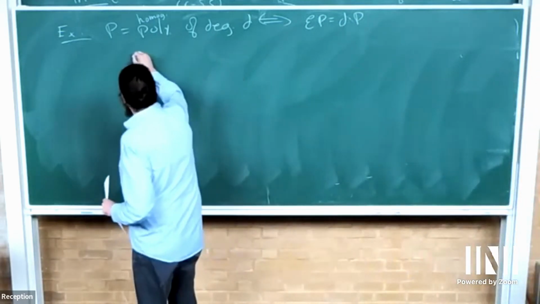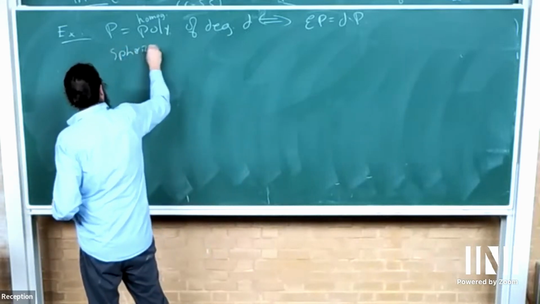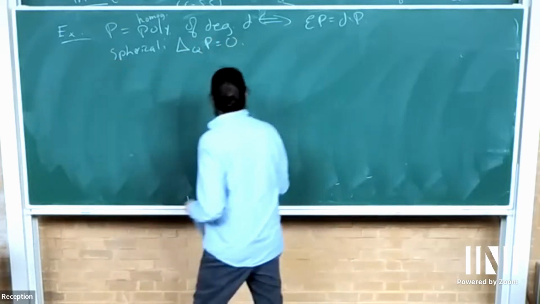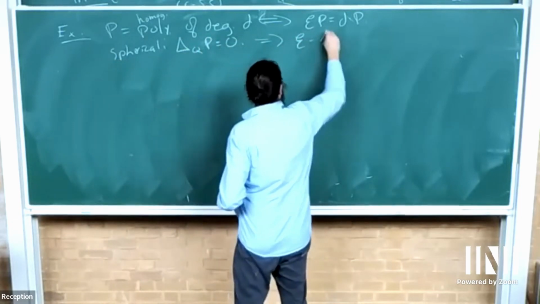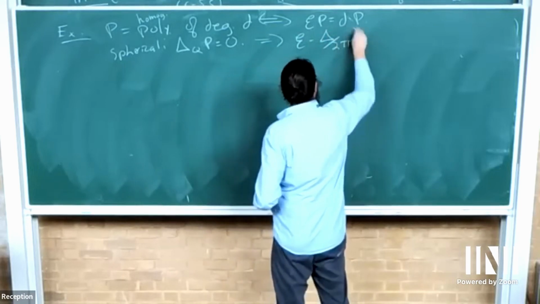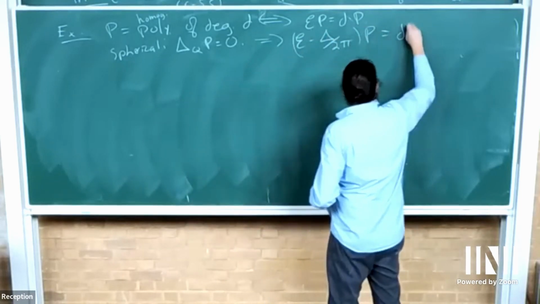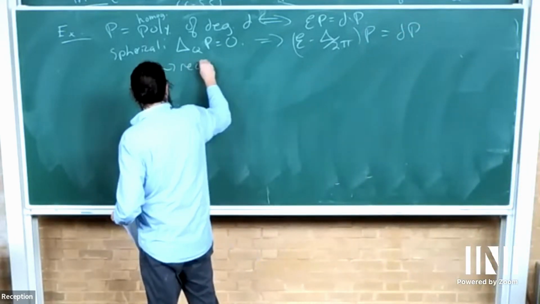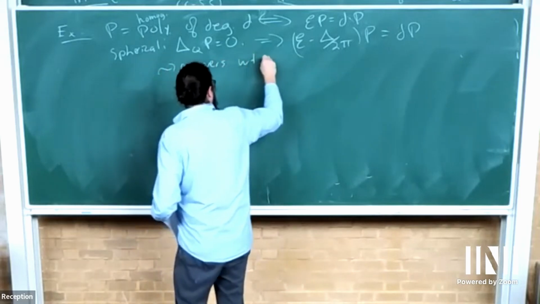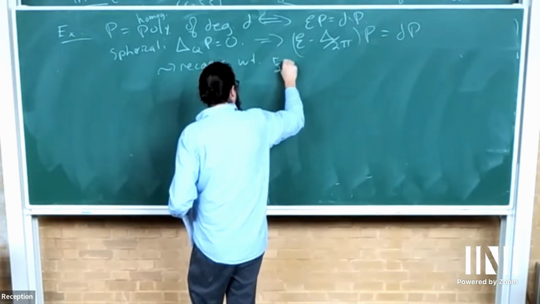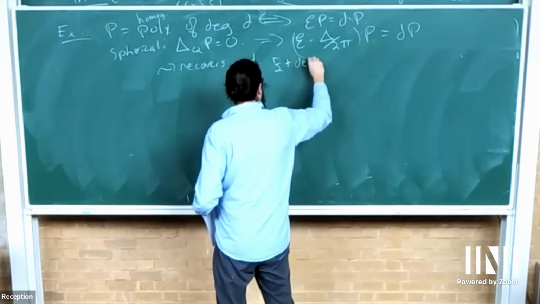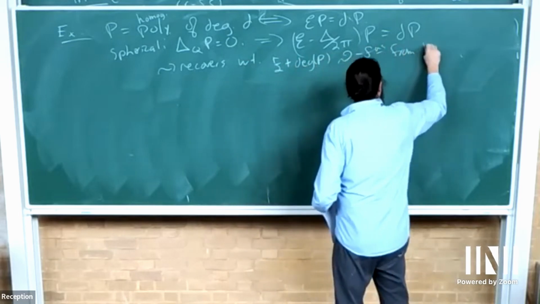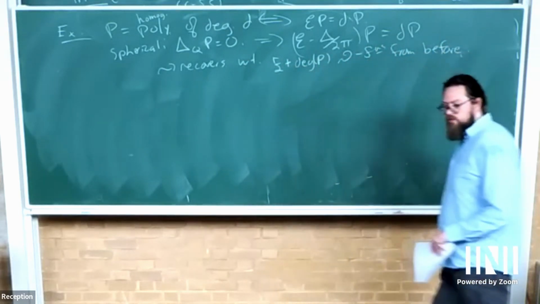Okay. And if it's a spherical polynomial, we require that it's in the kernel of delta Q. So if you do E minus delta over 2 pi on P, you get D. And so this recovers our weight r over 2 plus the degree of the spherical polynomial theta functions from B. It also recovers Pecker-Schoenberg.